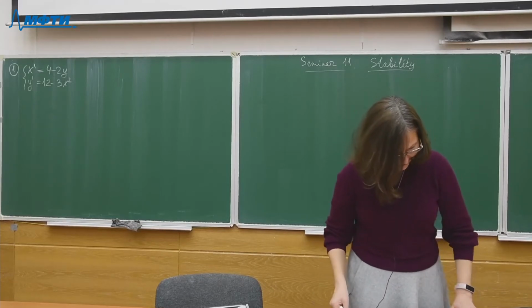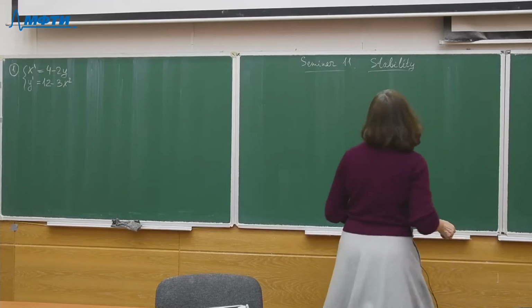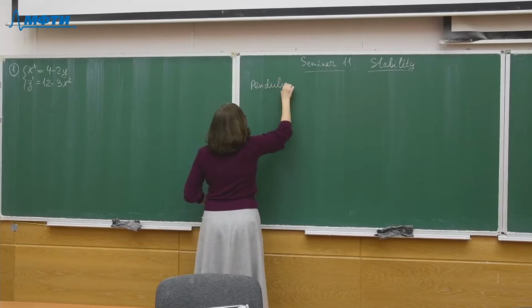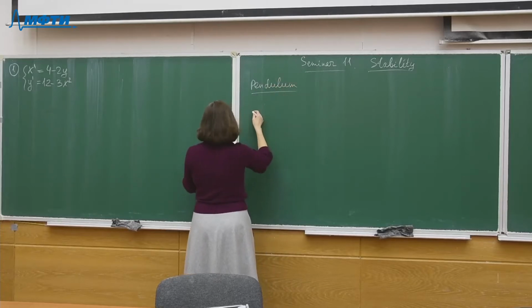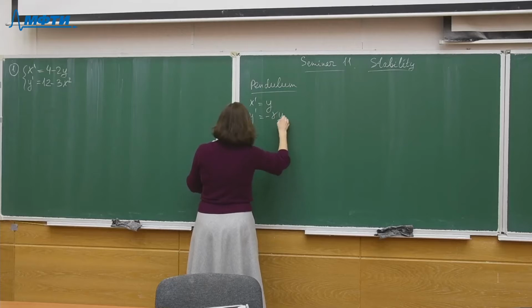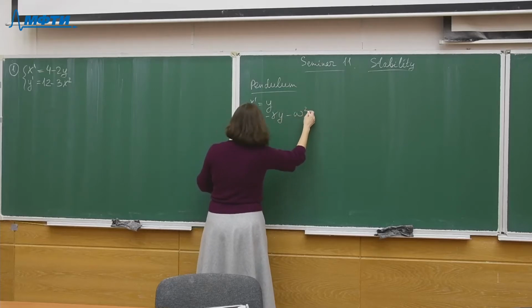So I will start with it. For the pendulum, we have obtained the following system: x prime equals y, and y prime equals minus gamma y minus omega squared sine x.